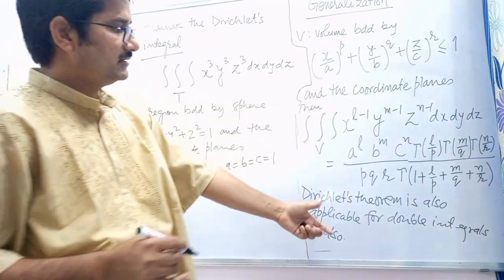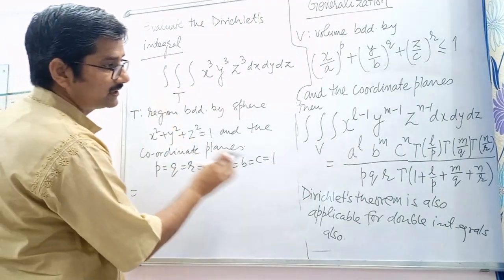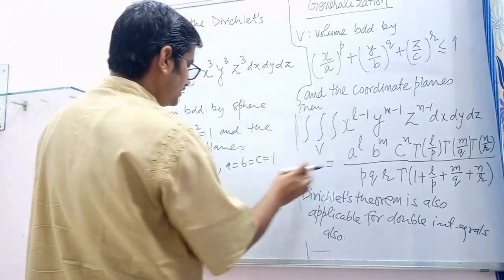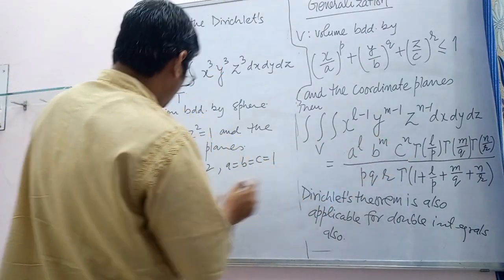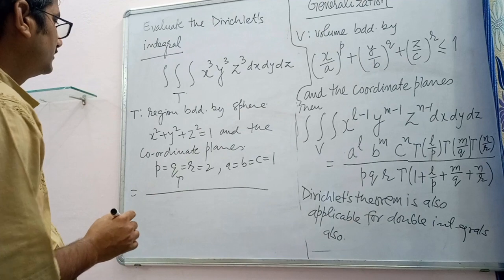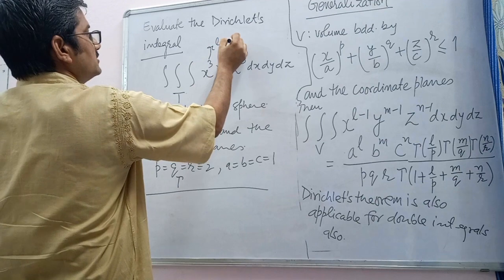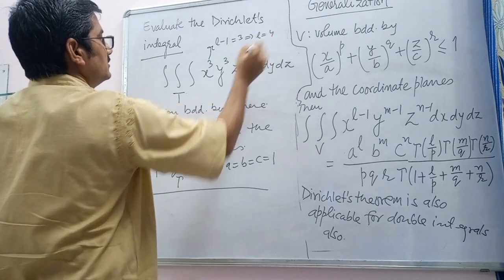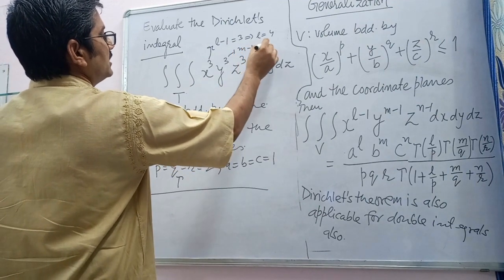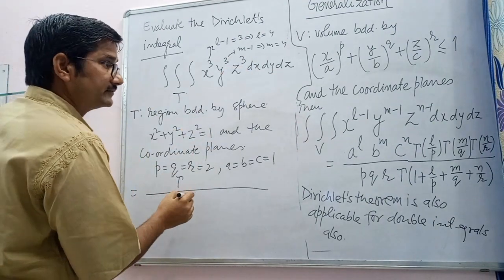So put in this result, we will get the value of this volume integral by using the Dirichlet generalization. a, b, c each is 1, so this value is 1. Gamma of l upon p: l minus 1 is 3, so l is 4, and similarly m minus 1 is equal to 3, so m is also 4. So you can put l, m and n all as 4.